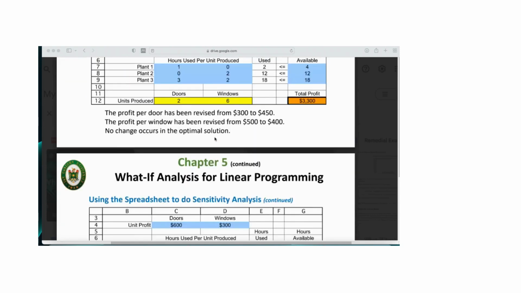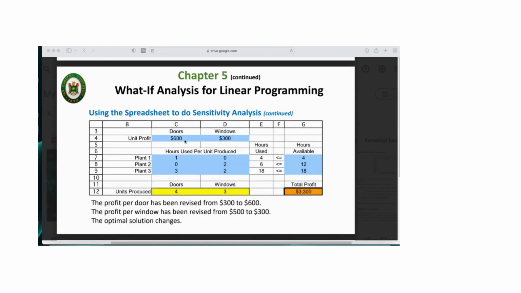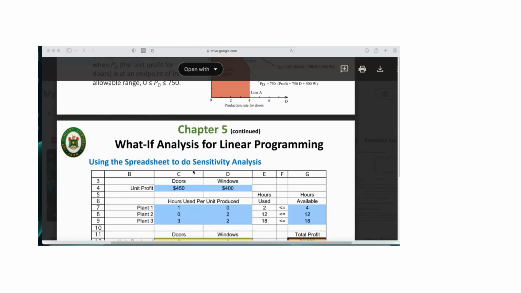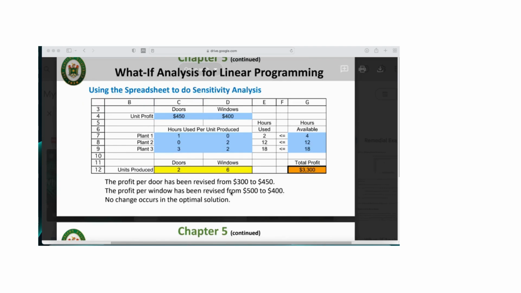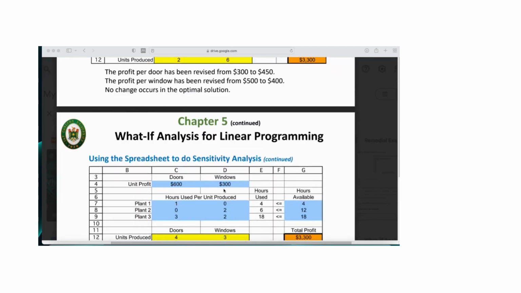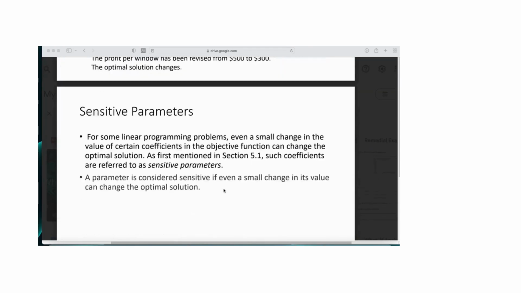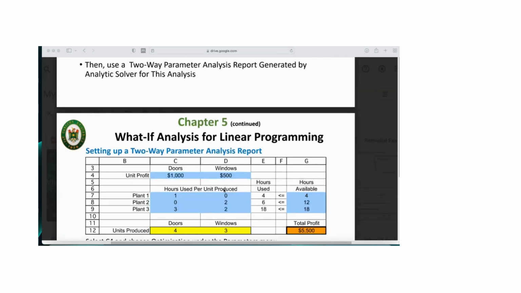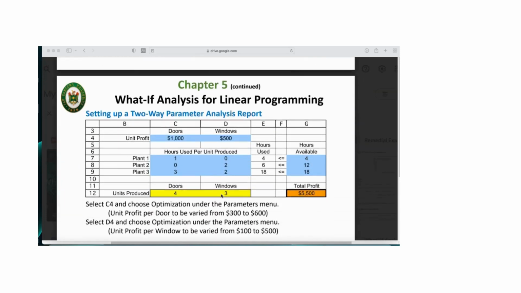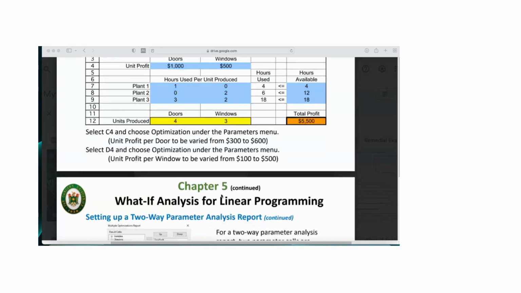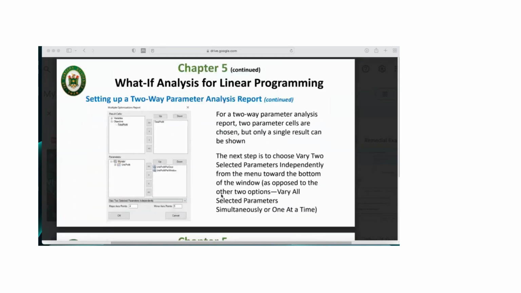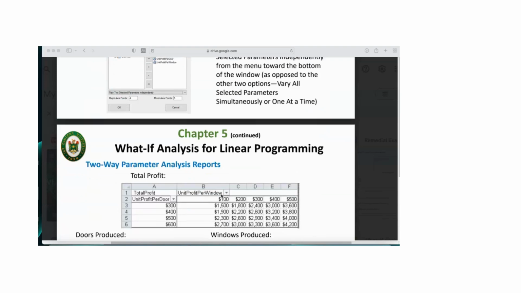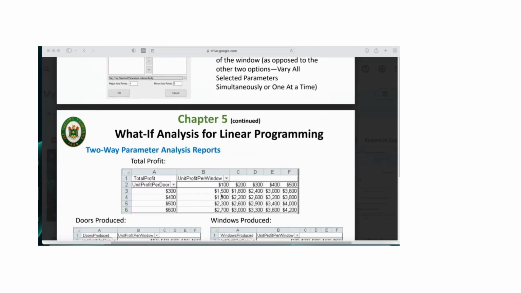As you apply changes at the same time on two parameters, let's look at the changes. 600 to 300. Earlier, 450 and 400. Now we have 600 and 300. Now, with these changes, the question is, what happens to the optimal solution? We also want to find out the effect on the optimal solution.